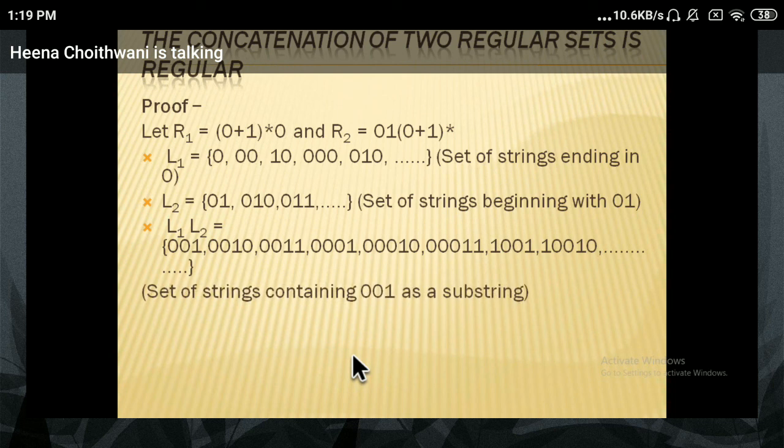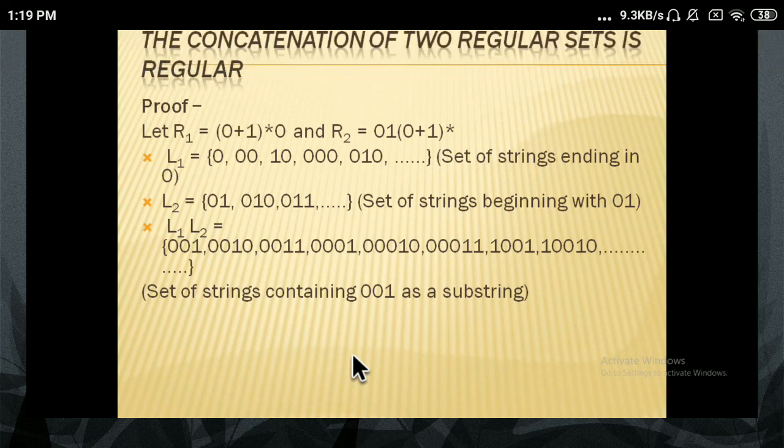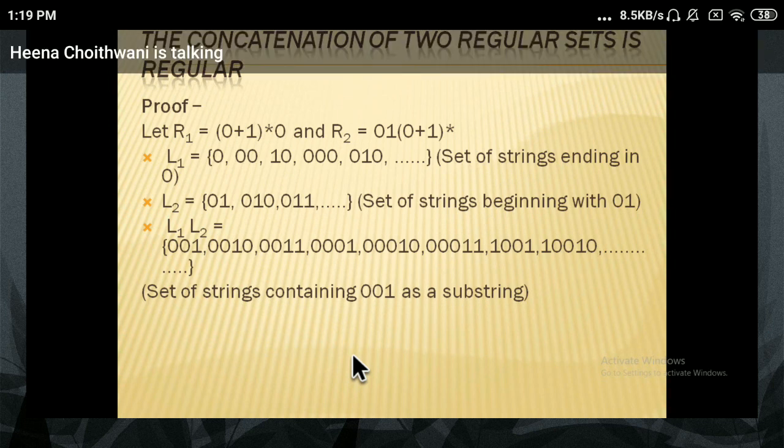Is it? Because we are concatenating two regular expressions ending with 0 and starting with 0 1. So this substring will be there, the 0 at the end of the first and the 0 1 at the start of the second will be there in all strings. Yes? Is the point clear to you people?